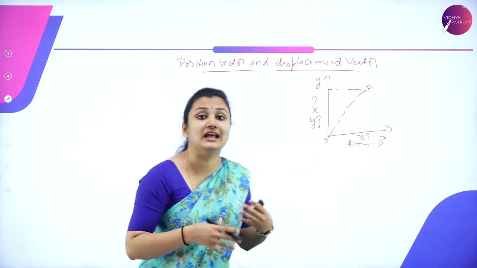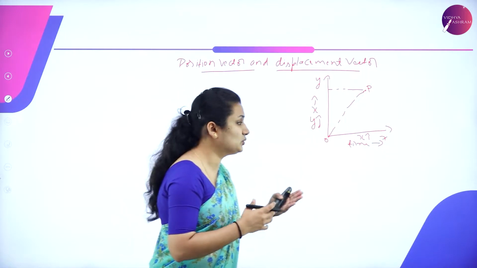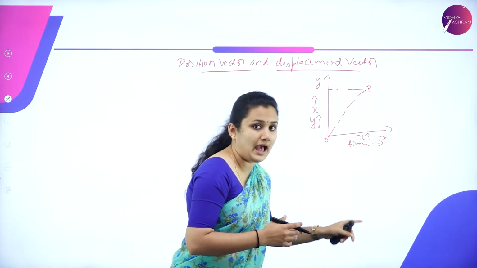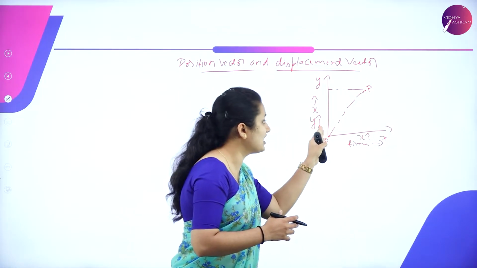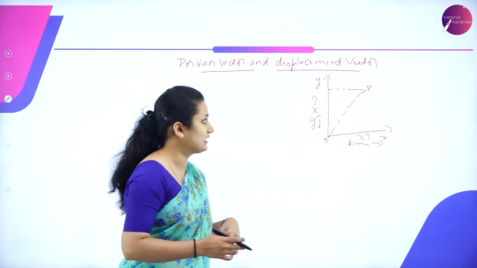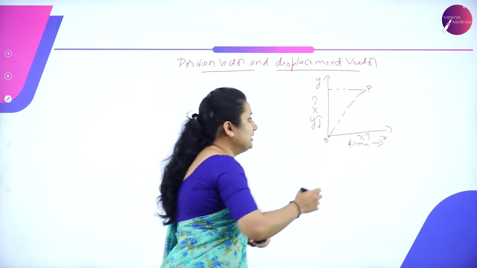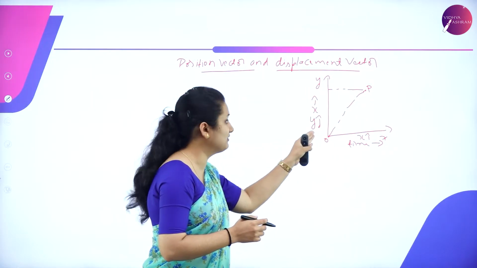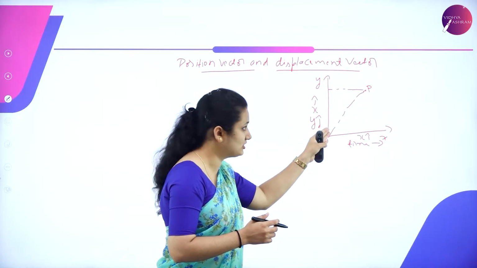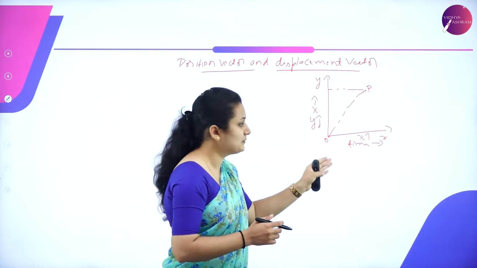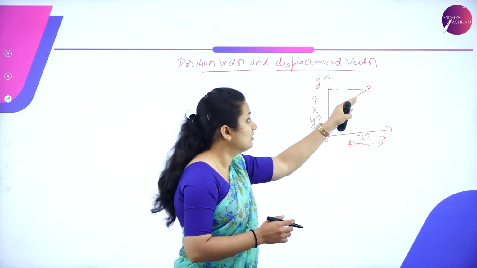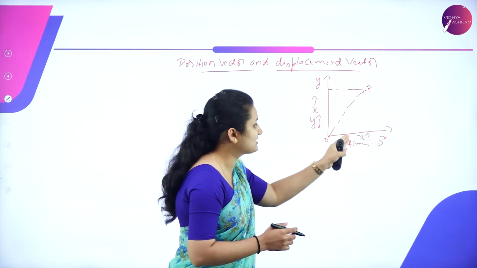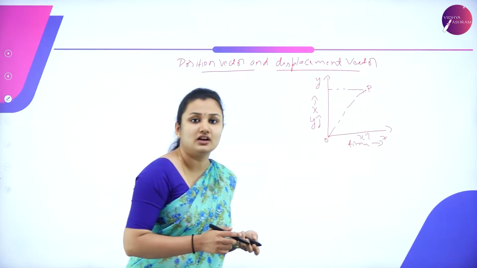It gives the direction. It is the unit vector represented by cap along x-axis, and j cap gives the direction along y-axis. So I have a particle P. The projection of particle P on the y-axis is given by y j cap, direction along y. The projection, the shadow that is reflected on the x-axis, is given by x i cap.